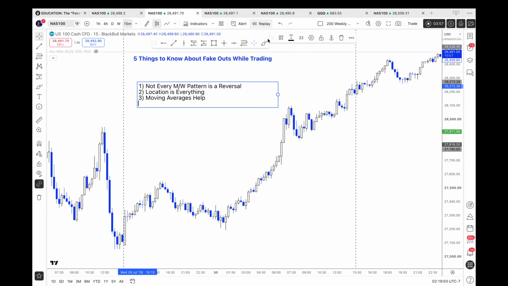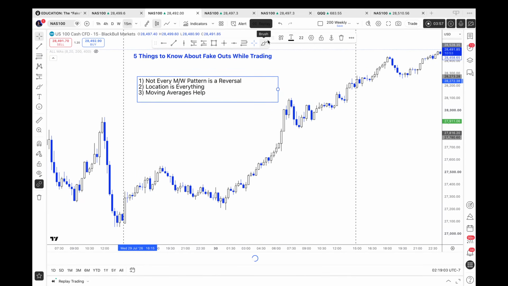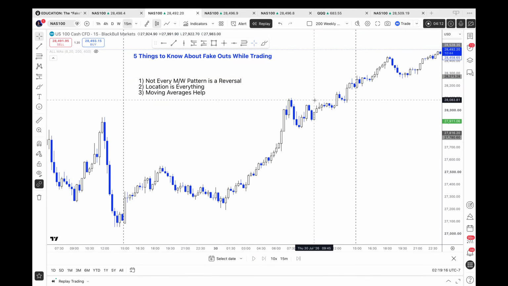All right. And so moving averages help to tell the story. They add conviction when we're trading to help us to know what is considered to be a trap or if it's something that we should actually participate in. Okay.